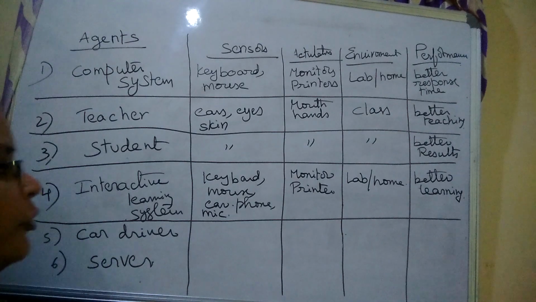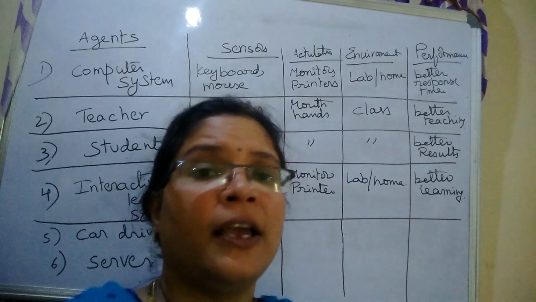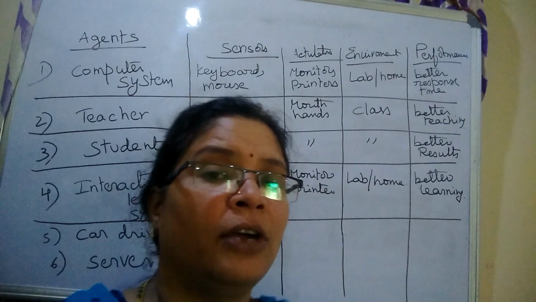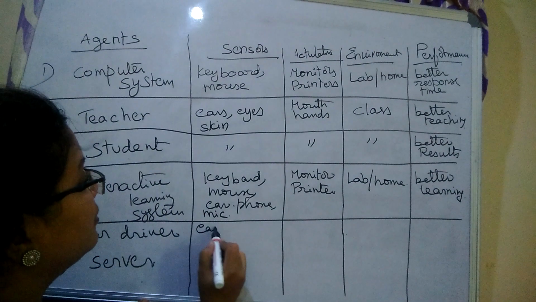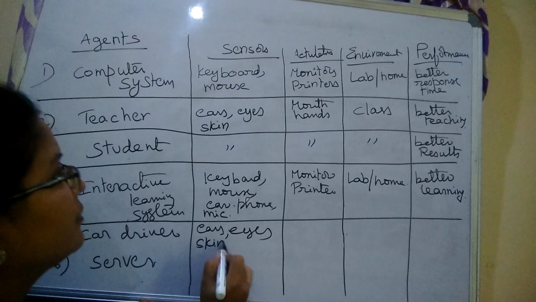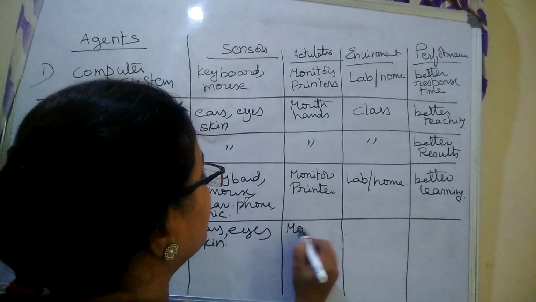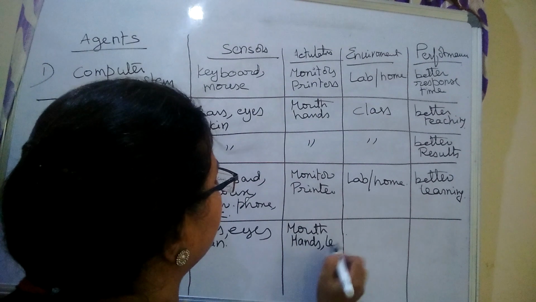Okay, next we are going to talk about a car driver. Normally, what kind of agent is a car driver? A car driver is a human agent. What are the sensors for a car driver? We have ears, eyes, skin. What are the actuators? Mouth, hands, legs.